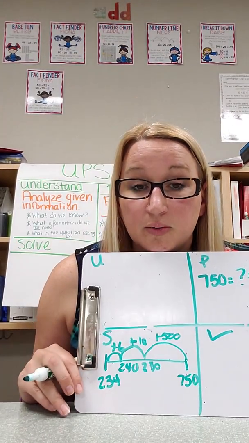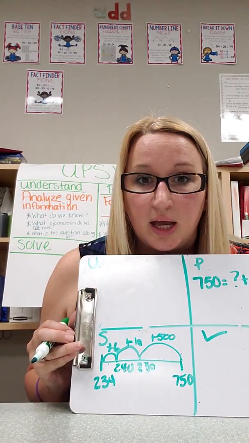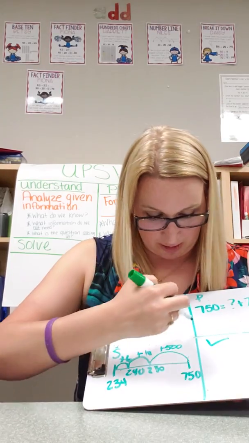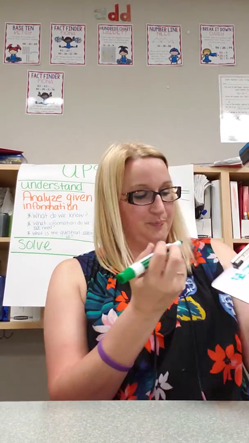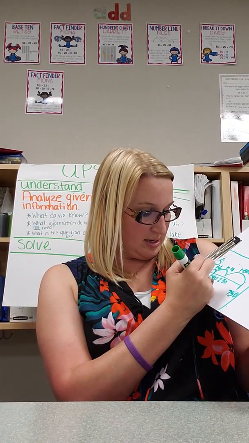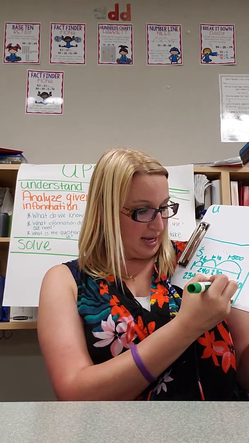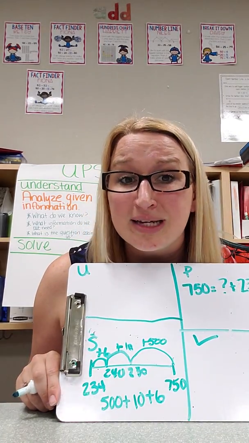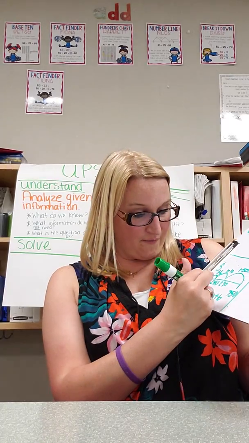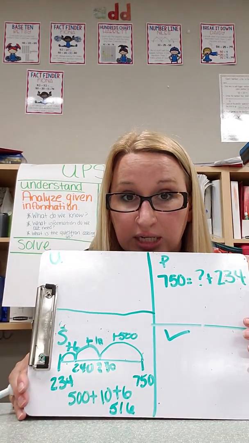Now I've got to compose my jumps. I'm going to erase this line and make it a little bit bigger. So I start with 500 plus, I have that 10, don't I? 10 plus 6. Well, I know that 500 plus 10 plus 6 is 516. Oh my goodness, I have a solution.